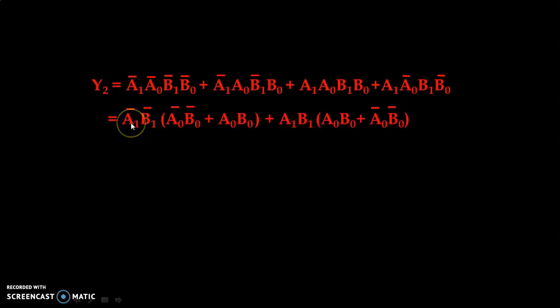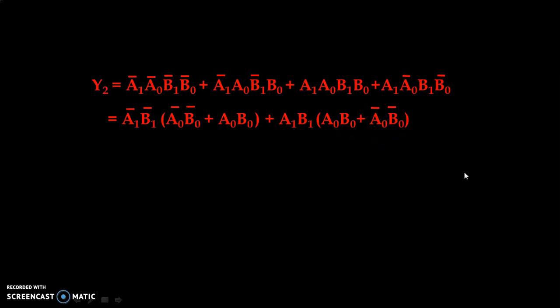So we have taken A1 bar dot B1 bar common from the first and second term. We have A0 bar B0 bar plus A0 B0. From the third and fourth product terms, we have taken common A1 dot B1, and we have A0 dot B0 plus A0 bar dot B0 bar.